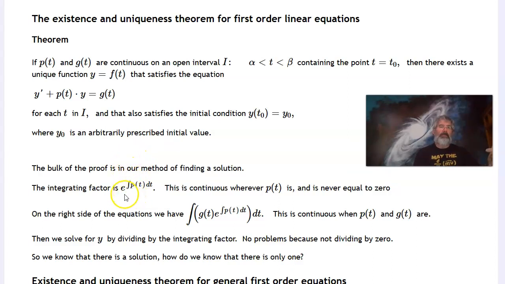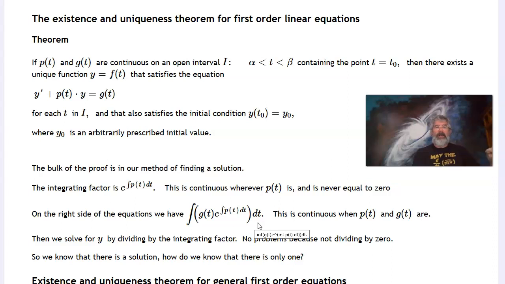And so will the product with this thing be continuous, because we've already mentioned that this is continuous whenever p is. So that big thing inside that integral there is a continuous function as long as p and g are. And when you integrate that, that will also be continuous in that region. So there's no problems there.